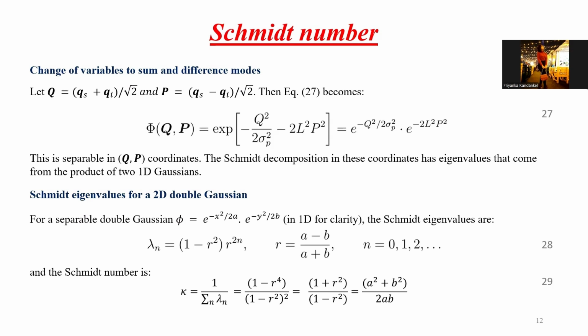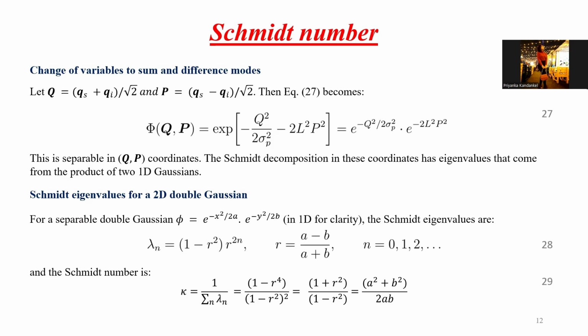Now we change variables: let Q equal Qs plus Qi divided by root 2, and P equal Qs minus Qi divided by root 2. Substituting this in the previous equation, we obtain phi of Q and P in the new coordinates, where phi separates into Q and P terms, with a defined as sigma p and b defined as 1 by 2L. This separability is the key step. It is what allowed us to compute the Schmidt eigenvalues analytically.